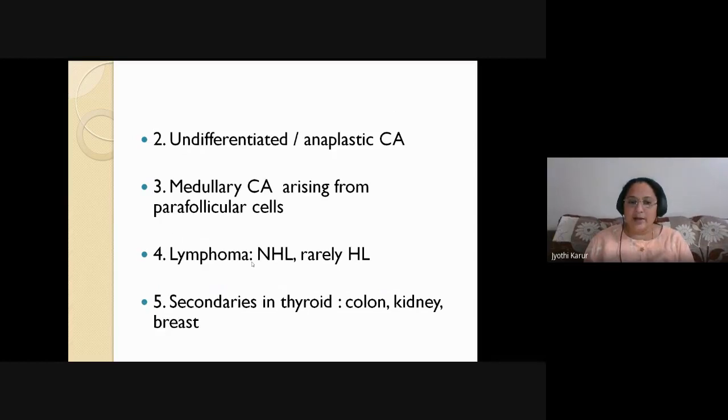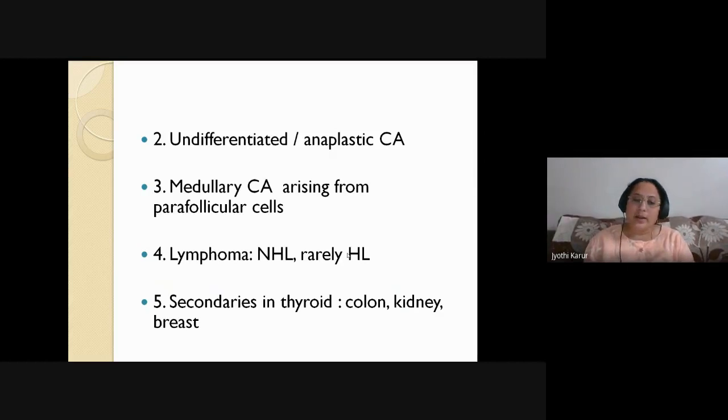And as there are lymphocytes, there is lymphoma arising from the thyroid. It is one of the most important extranodal sites of lymphoma. The most common lymphoma found in thyroid is non-Hodgkin's type. But very rarely, in less than 2% of cases, that means out of 100 lymphomas, 1 to 2% might be Hodgkin's lymphoma.